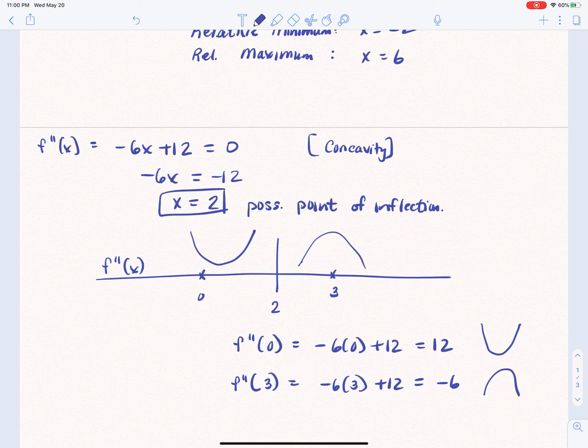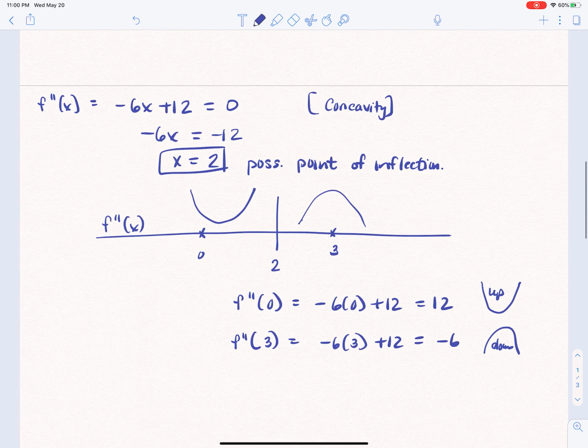That means it's concave down. So that means we do indeed have a point of inflection at x equals 2, which oddly enough is halfway between the min and max, which is true for every cubic function. So put that feather in your cap if you ever need it again.